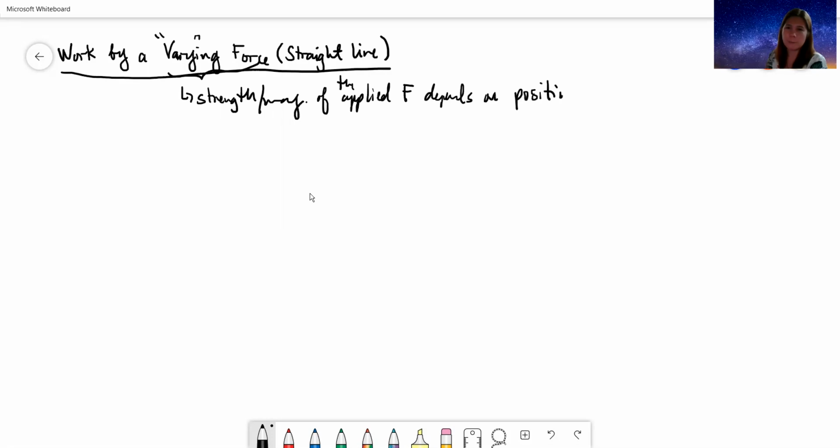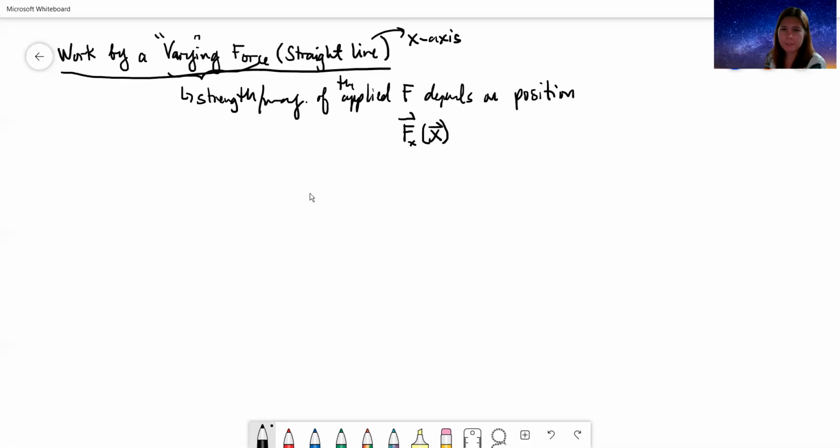Depends on position. So still focus our discussion on a straight line, and let's have it as our x-axis. Okay? So in other words, force depends on position. We are saying that the force along the x-axis is a function of position.